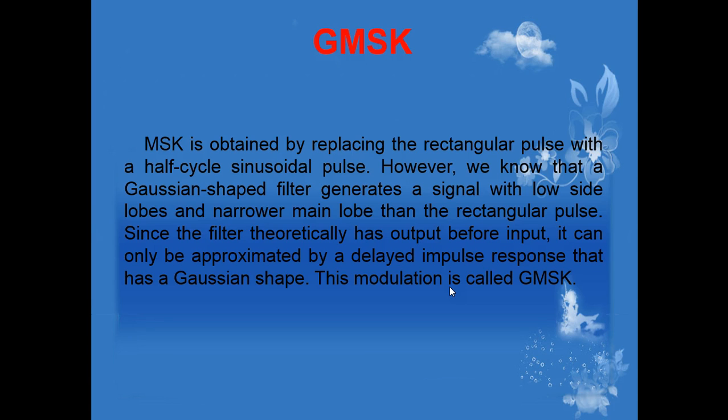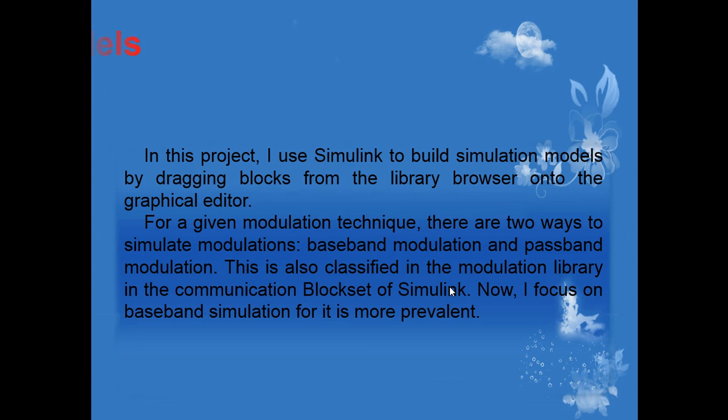This modulation is just called GMSK. On the other hand, there are two methods used to generate GMSK. One is frequency shift keying modulation, and the other is quadrature phase shift keying modulation. Both methods lead to the same GMSK modulated signal.